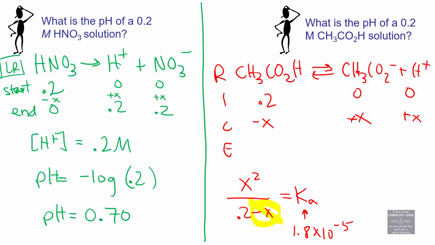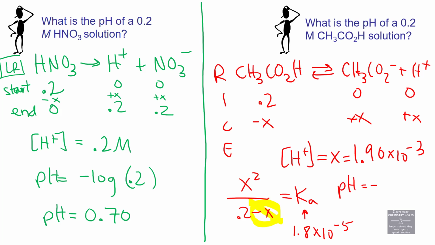Because the Ka is small, it's going to mean that x is small, and if x is small, you get to ignore the added subtracted one. So 1.8 times 10 to the negative 5 times 0.2, and then square root that. We get x equals 1.90 times 10 to the negative 3, and x is the concentration of H+.